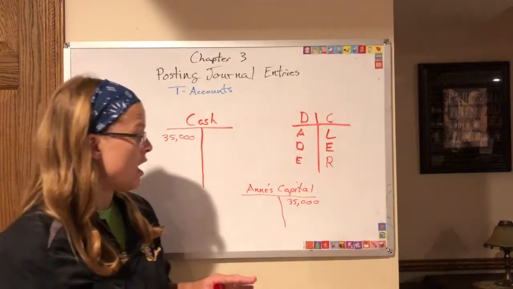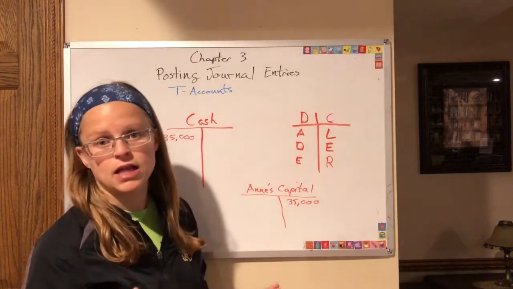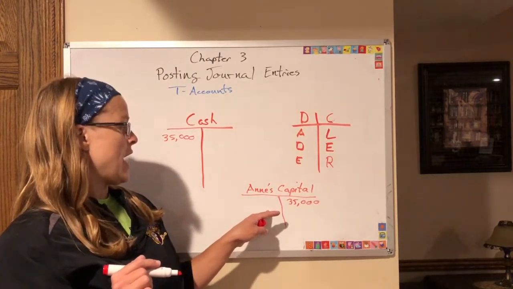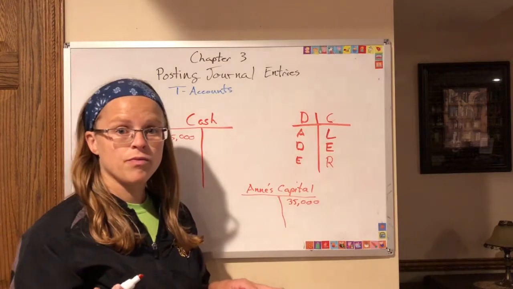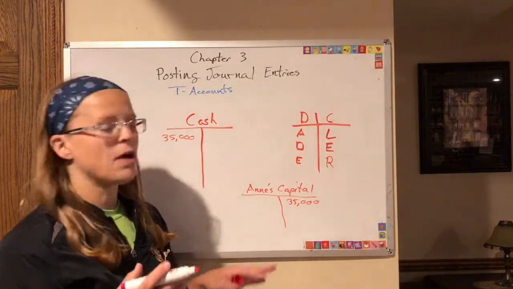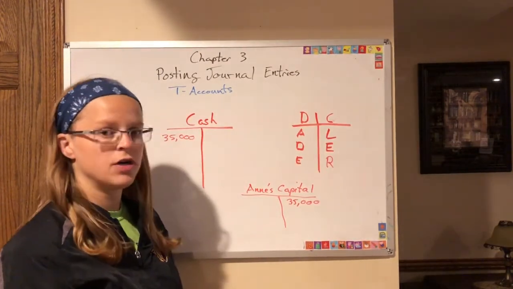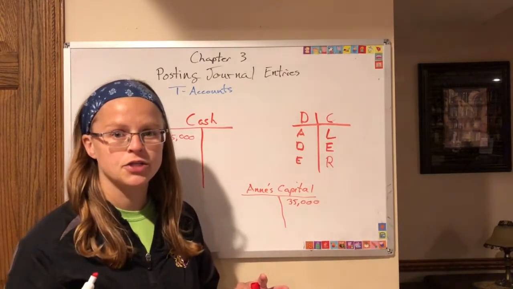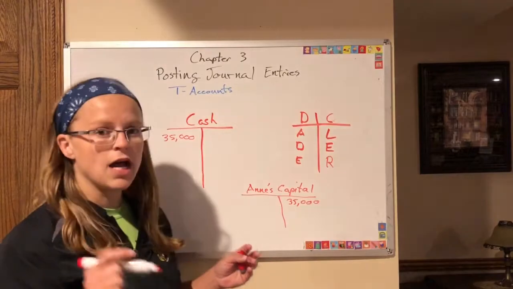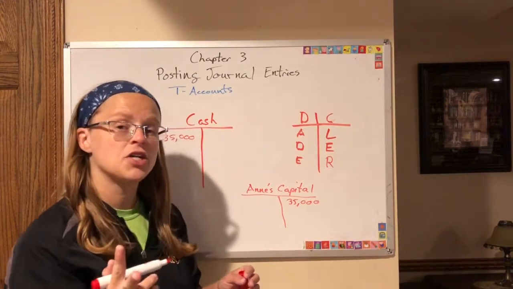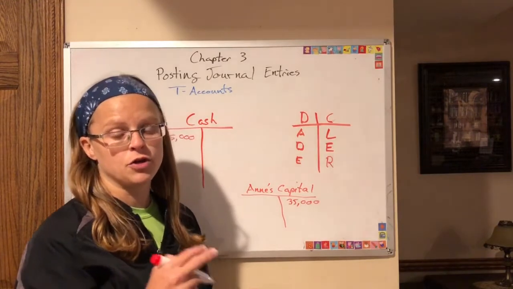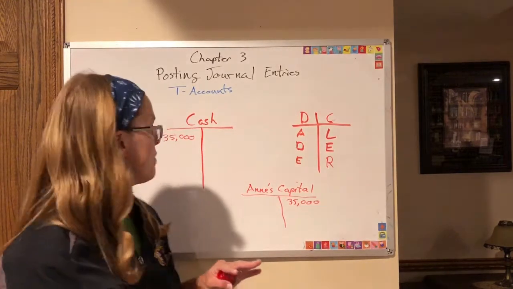Now, I'm not following exactly the story, but say Anne buys equipment and furniture for $20,000. She pays cash. So we have two accounts being impacted: the cash account and the equipment and furniture account.